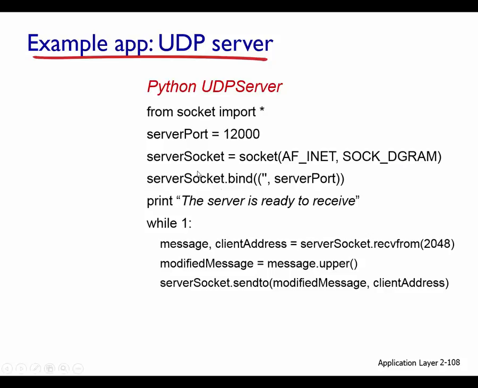We then bind that socket to port 12,000, which says we're assigning this socket to port 12,000, so anything that comes on that port is going to be sent into this socket structure. We go into this continual while loop, ready to receive messages.